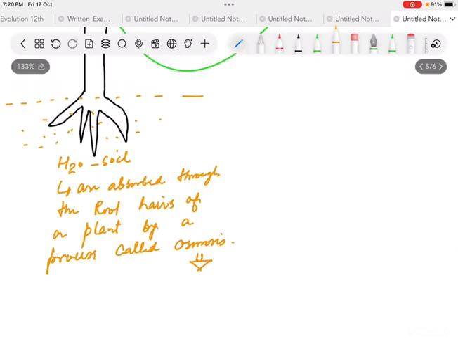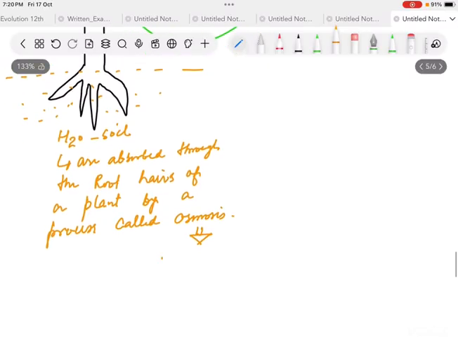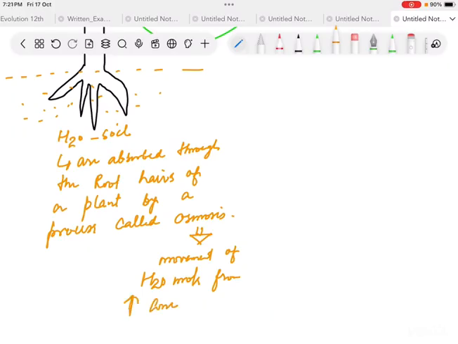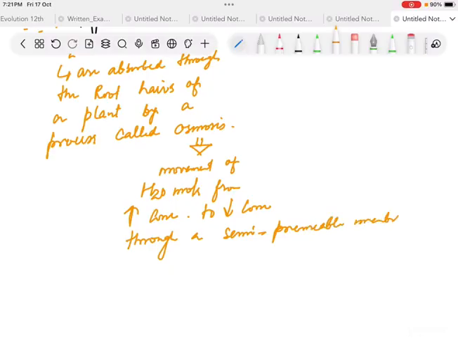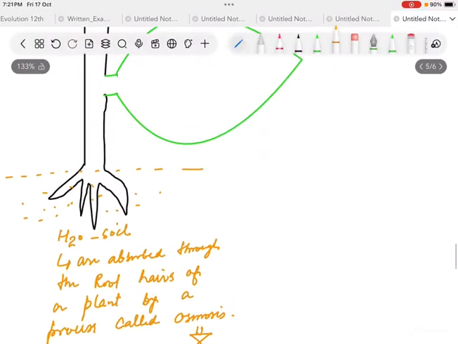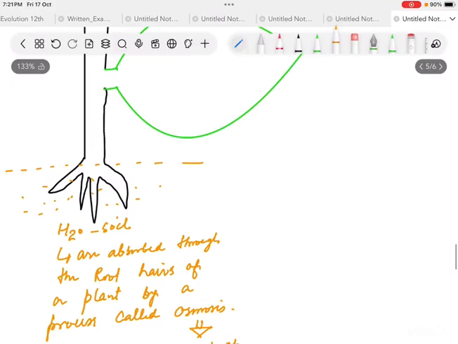Basically, osmosis is the movement of water molecules from higher concentration to lower concentration through a semi-permeable membrane.